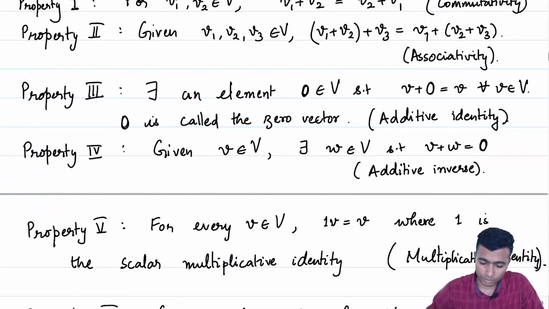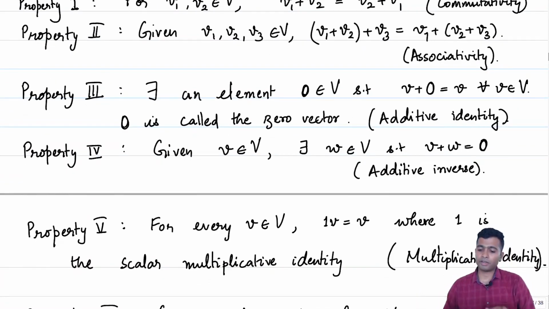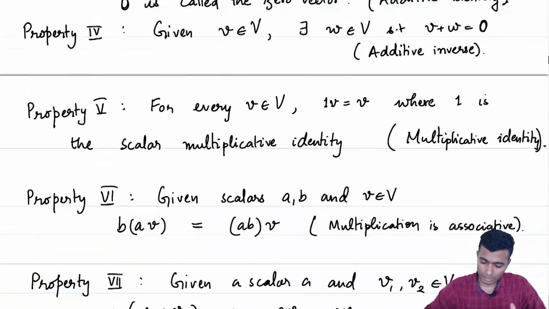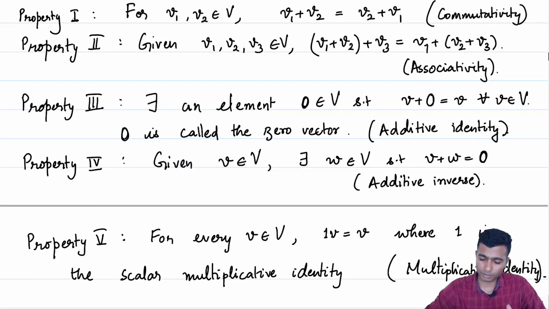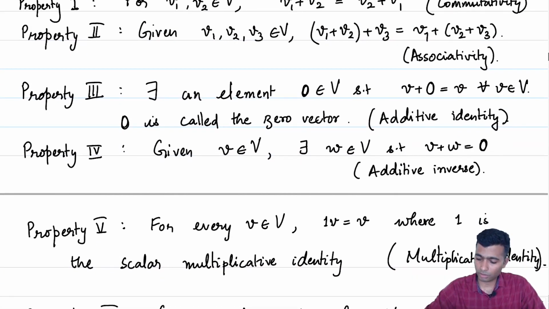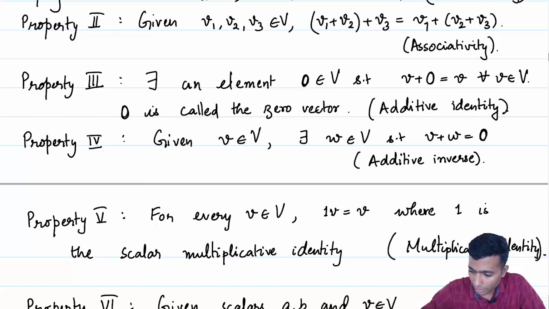Let me just point out that property 1, property 2, property 5, property 6, property 7 and even property 8, so except properties 3 and 4, every other property is automatically satisfied because it is satisfied for V. I will let you think about it as well.